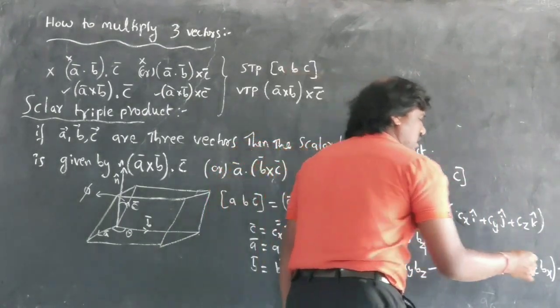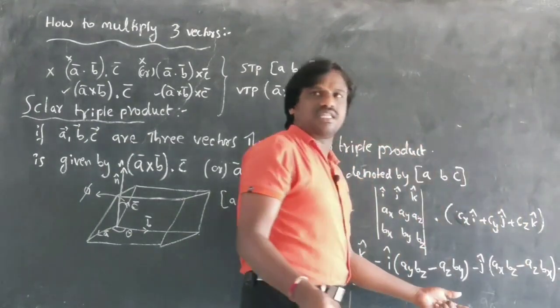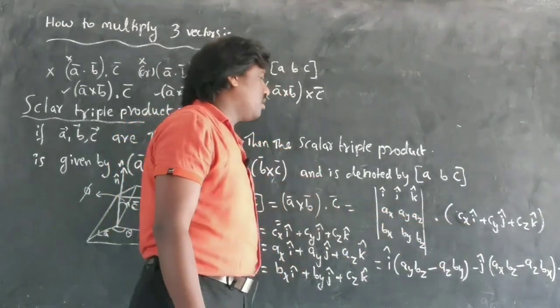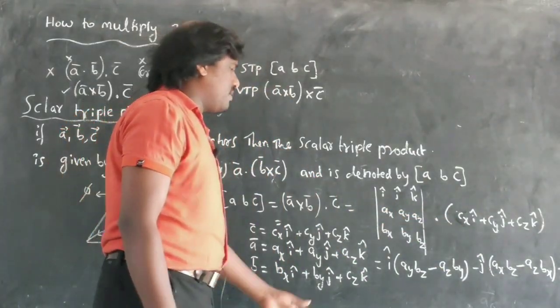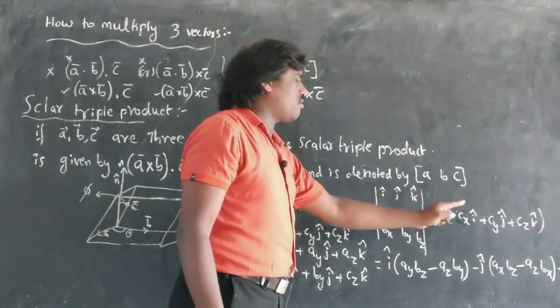Hope you are able to see this here? That can be visible, right? So here I got the i cap part, the j cap part, and the k cap part, and that should be dotted with this one.